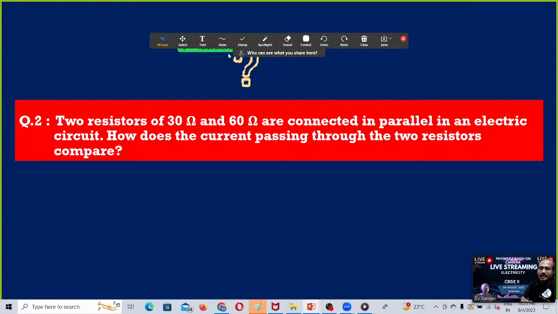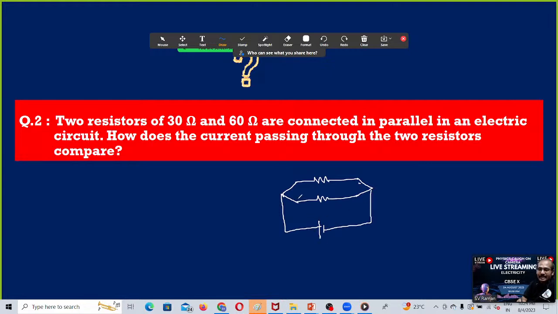When R1 and R2 resistors are in parallel, let's recollect: R1 and R2 are the two resistors we connected in parallel. In a parallel combination, all one ends are at one terminal and all other ends at the other terminal. These two terminals we connect to a battery.